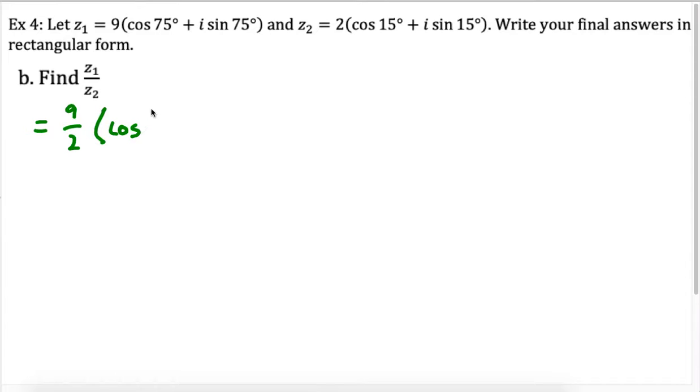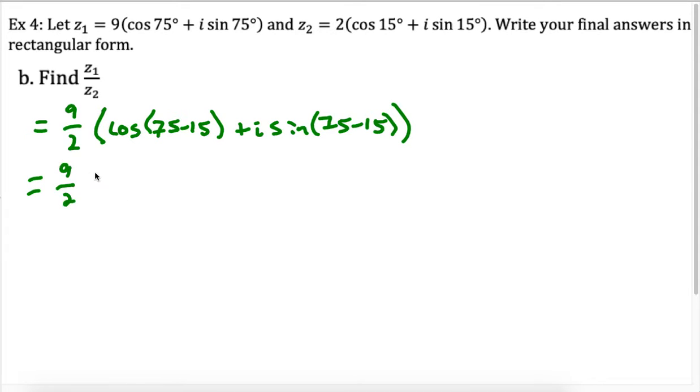So 75 minus 15, plus i times the sine of 75 minus 15. And we just simplify. So we can leave this just as an improper fraction. And then that would just be times the cosine of 60 plus i times the sine of 60.